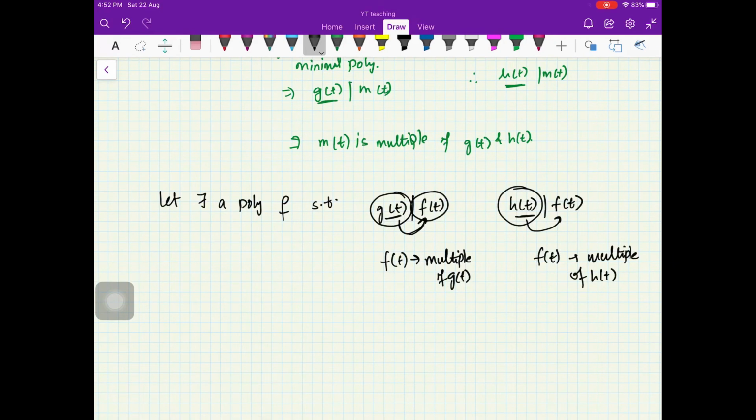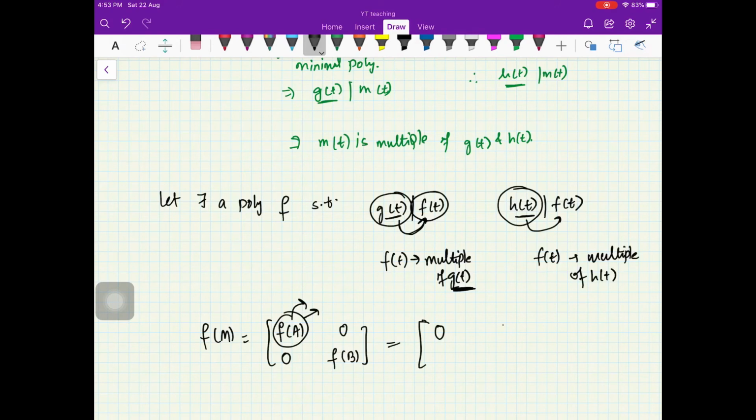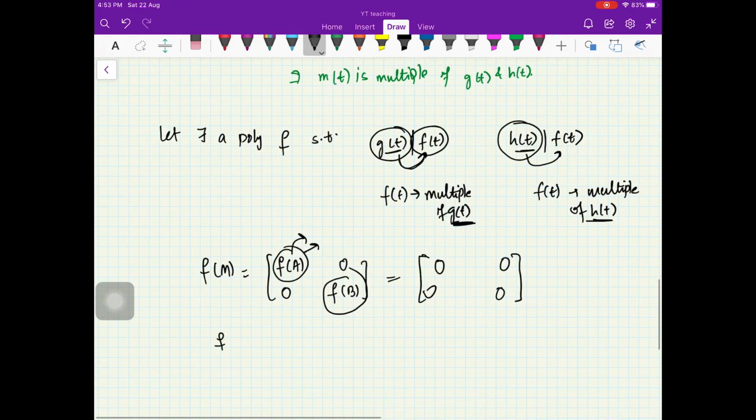Now let us see what happens to F of M. F of M will be diag of F of A, 0, 0, F of B. Now what is this? Because F is a multiple of GT and G of A is 0, this quantity is 0, and because F is a multiple of H and H of B is 0, this quantity is 0. So you get that F of M is 0.